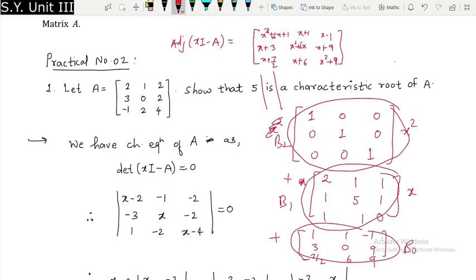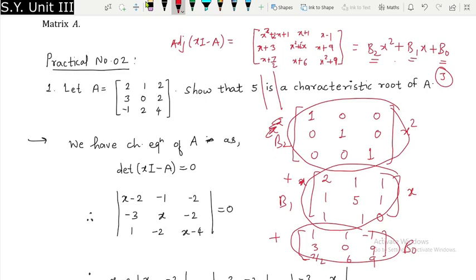So actually we have written this adjoint of xI minus A as b2x square plus b1x plus b0, where b2, b1 and b0 are real matrices of order, what is the order? It is 3. So it is the same as the order of A, right?